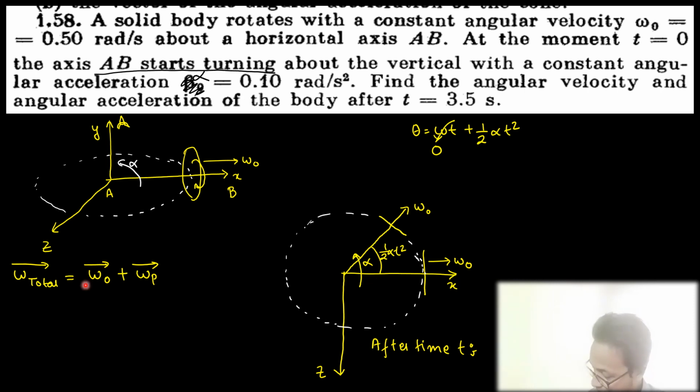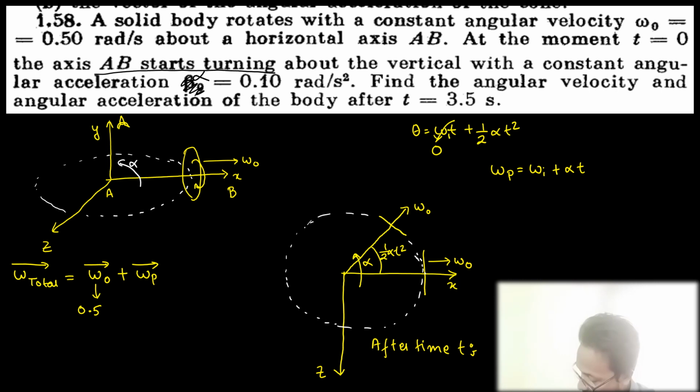Now, this is constant. The value of omega naught is always equal to 0.5, and this one is changing its direction. The value of omega p will depend on it: omega p is equal to omega initial plus alpha t.